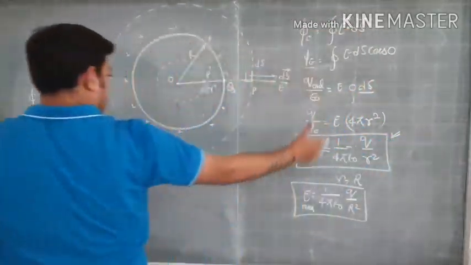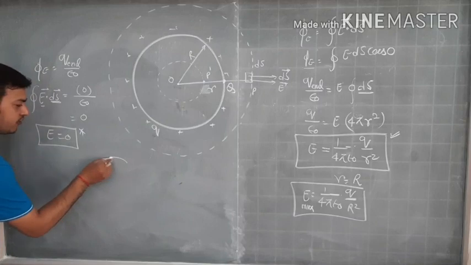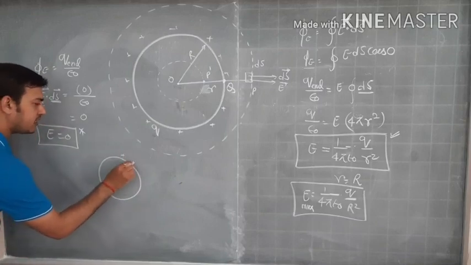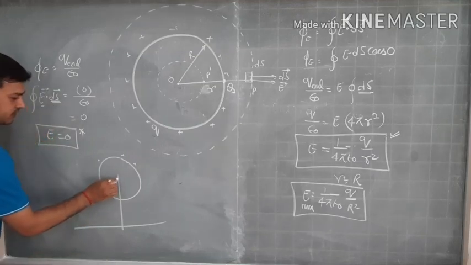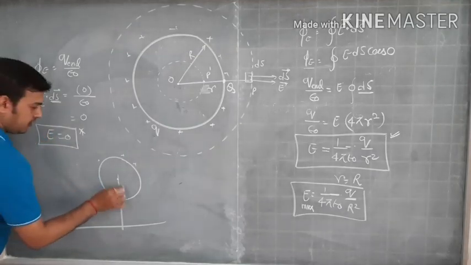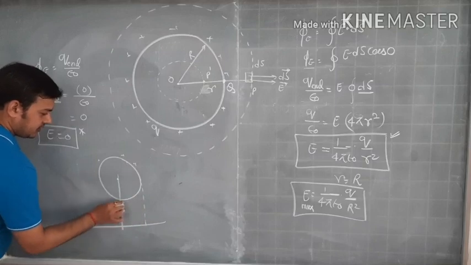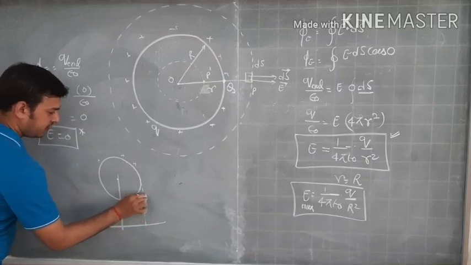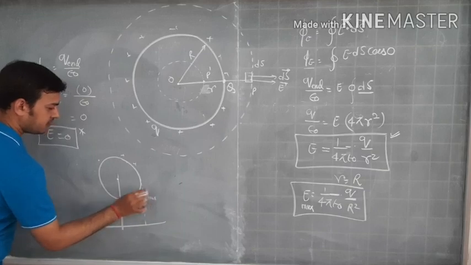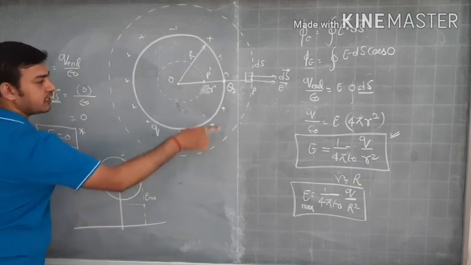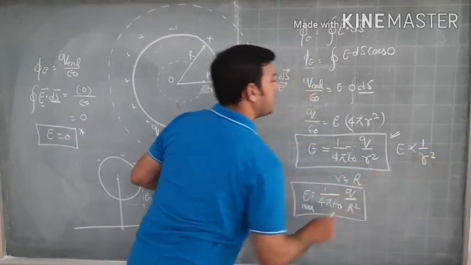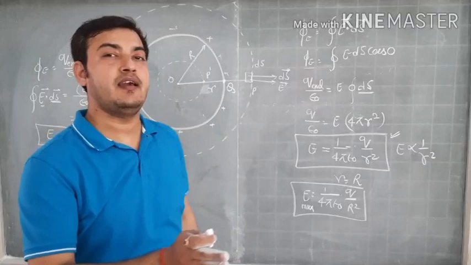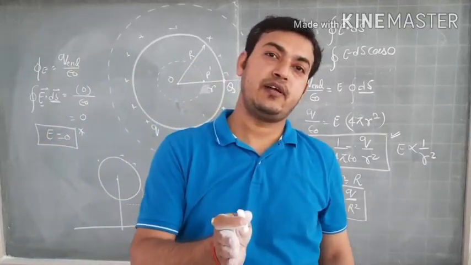We can just show this graphically also. For example, say it is my charged shell and this is the center. So inside this shell there is no electric field, but at the surface the electric field is maximum, and if we move away from the shell, the electric field decreases as 1 by r square, in the same way as the electric field due to a point charge.